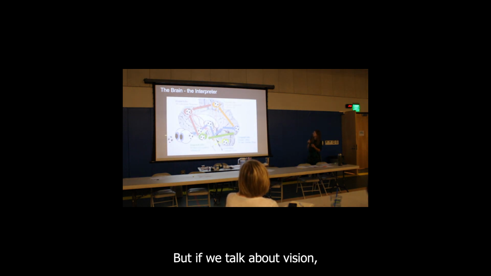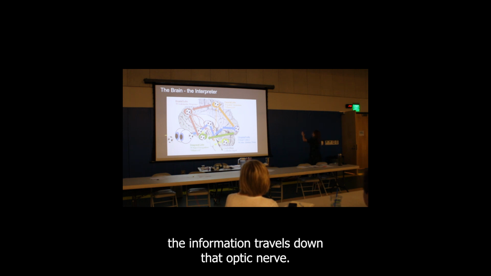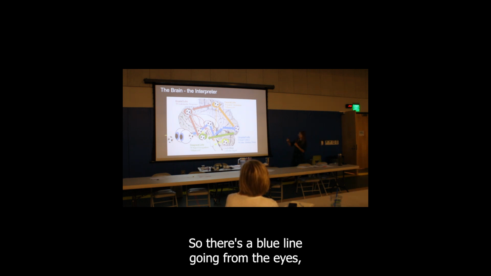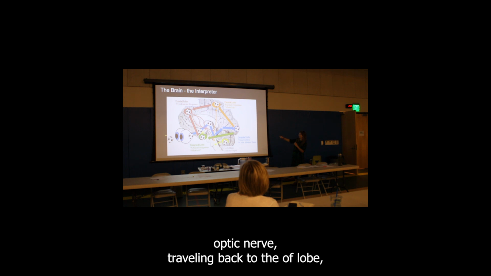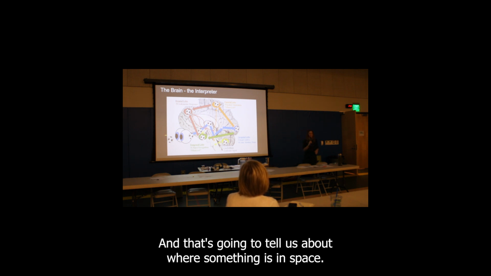But if we talk about vision, the image goes through the structures of the eyes, and the information travels down the optic nerve. So there's a blue line going from the eyes, optic nerve, traveling back to the occipital lobe. And then that information gets sent to the parietal lobe, and that's going to tell us about where something is in space.